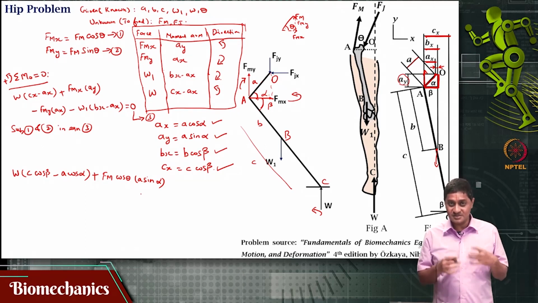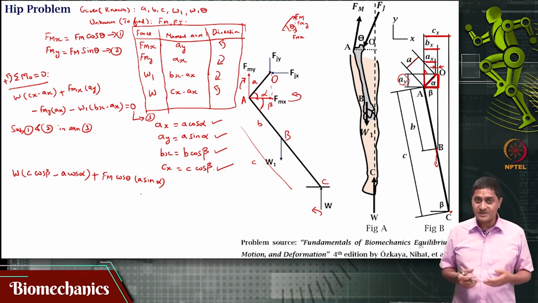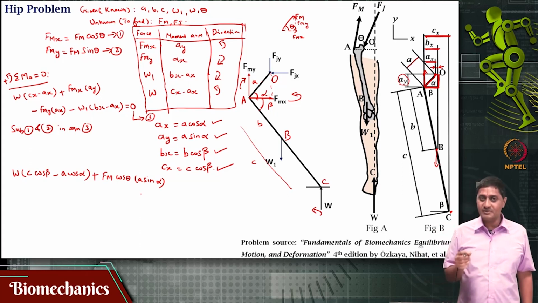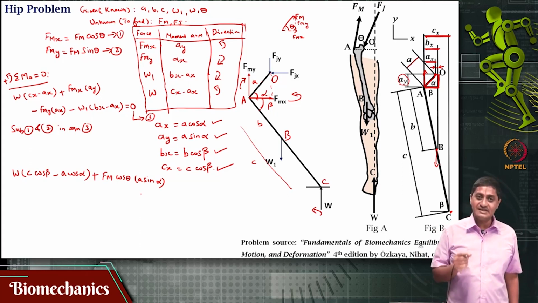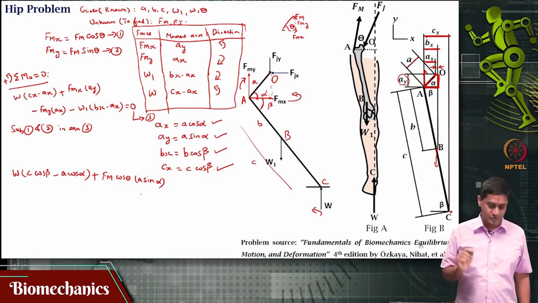Because these are perpendicular components, you will always have an alpha and theta coming into the picture, which is why bookkeeping is absolutely crucial in these kinds of problems. Otherwise, you will get lost and it is very easy to make mistakes. Please keep your books clean and practice this problem and problems like this many times before the exam, very crucial.